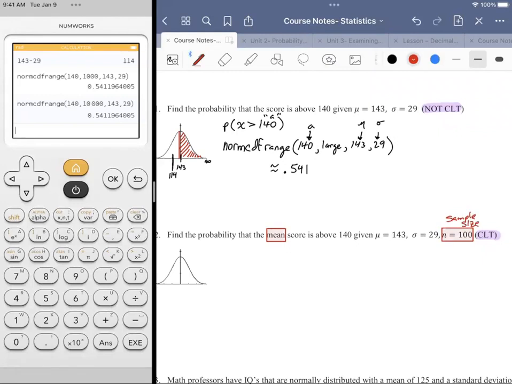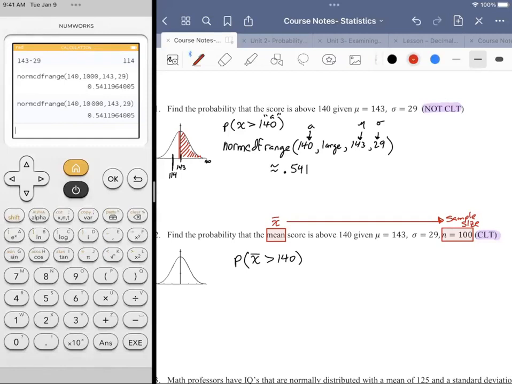So what this is telling us is to find the probability not that x is greater than 140, but that x bar is greater than 140. It's the x bar, the mean of the sample. The mean of samples with size 100, to be more precise.